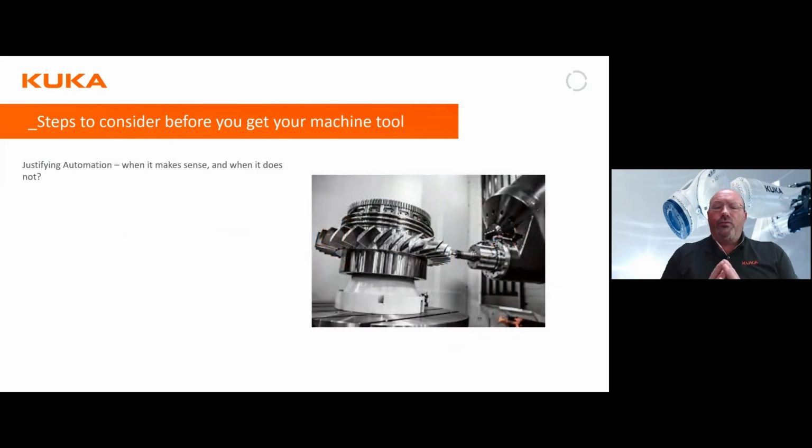And so as you look at opportunities for automating your machine tool, it's important to understand not only the total cost of the equipment, but the impact that automation has on your operations and whether it's even appropriate to look at automation.